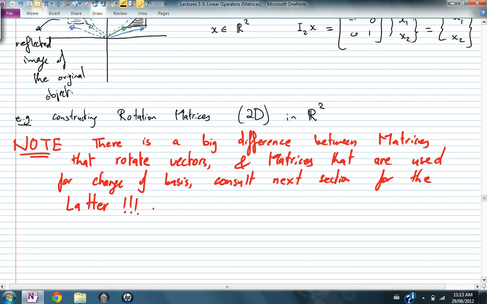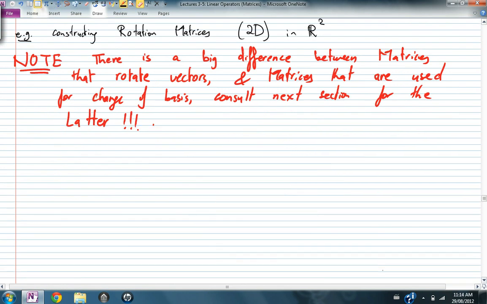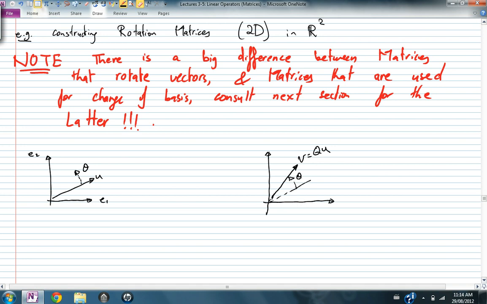So this is how you construct a rotation matrix. If I have E1 and E2, and if I have a vector U, and if I would like to rotate U by an angle theta in the anti-clockwise direction, so this is vector V, which is equal to QU after rotation by an angle theta.